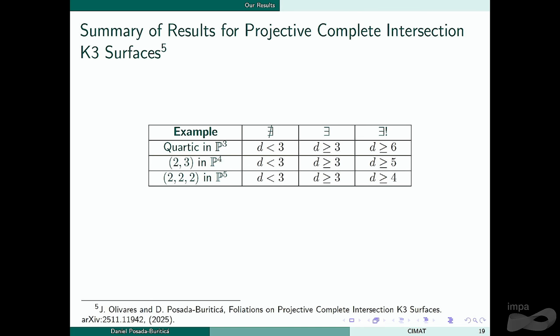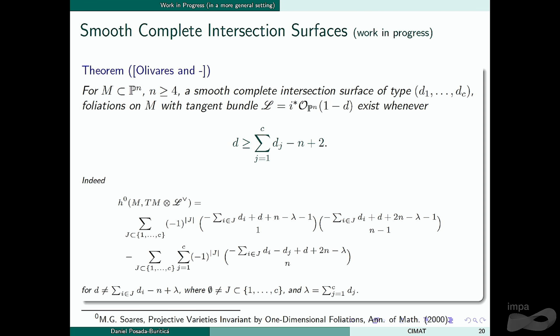Okay, so we have a solution of the Poincaré problem for these surfaces, and we have the explicit dimension of the spaces that define the foliations. In a more general setting, we consider a smooth complete intersection surface, not K3 surfaces in general. So we have an analogous theorem.